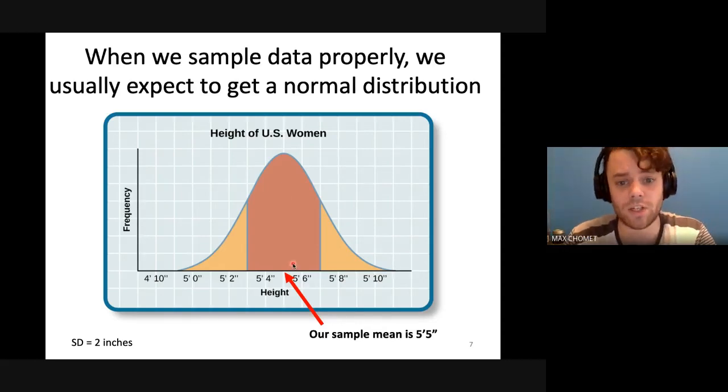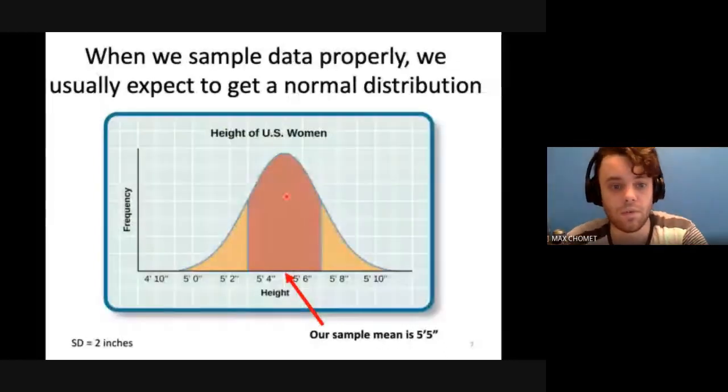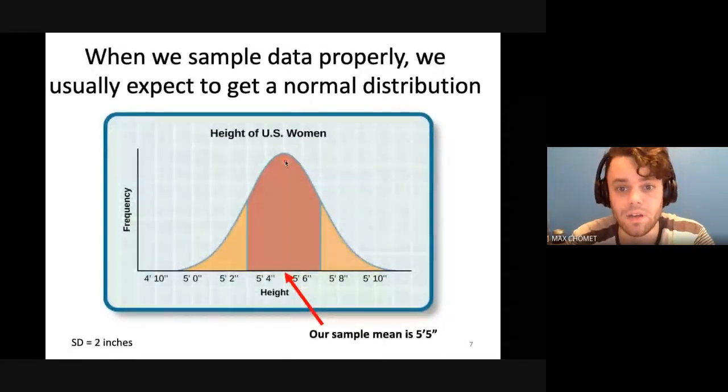And this bell curve, this normal distribution, is when the middle of the data, the mean and the median and the mode, are all the same. The mode is where it's highest, right? And the mean and median are mathematical ways we're determining the middle here, right? So the most number of women are 5'5", and also the mean and median heights of women are the same.